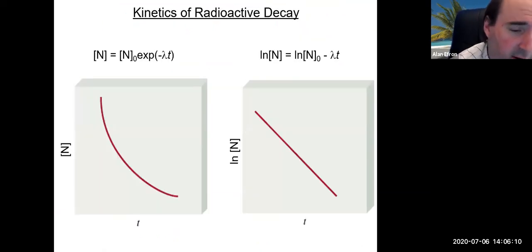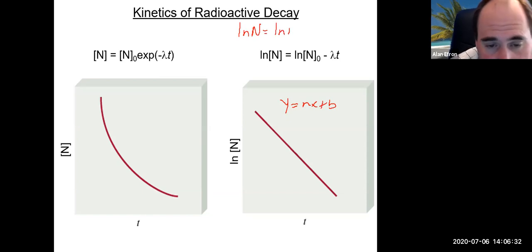So here are the two graphs that are associated with first order. If you take just the concentration versus time, you'll have this decreasing-with-time graph that we usually see. And again, this is our more y equals mx plus b type graph, where we rearrange this with the natural log of N equals the natural log of N naught minus, as you can see here, they use the lambda. And this is another symbol, like I said, for the decay constant.